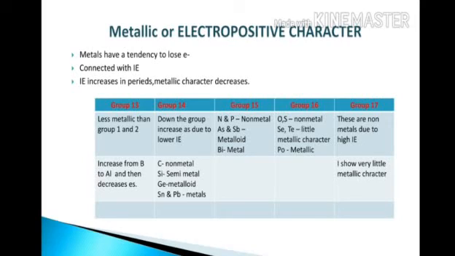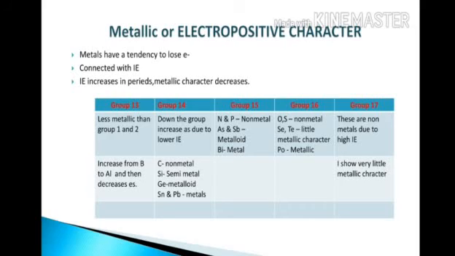This I already discussed. This is because there are no intervening d orbitals in aluminium, but these are present in the remaining lower elements. Coming to group 14, this is less metallic than group 13 elements because of higher ionization energy.